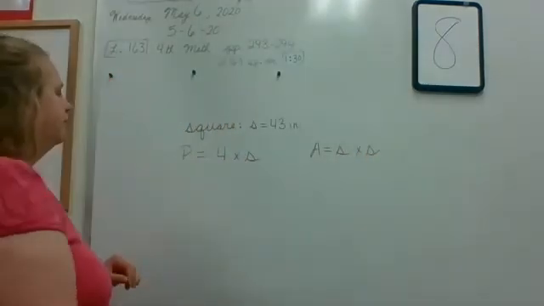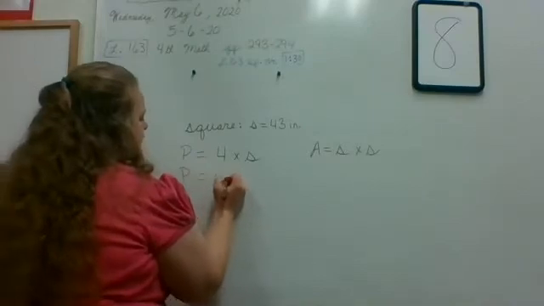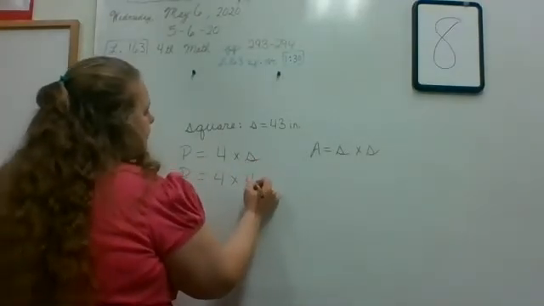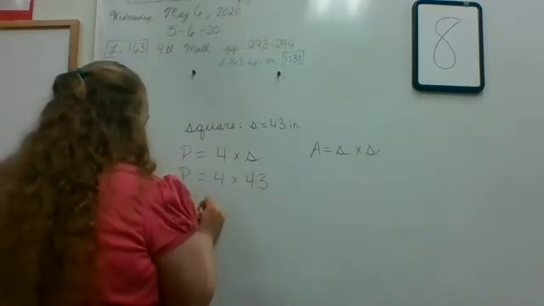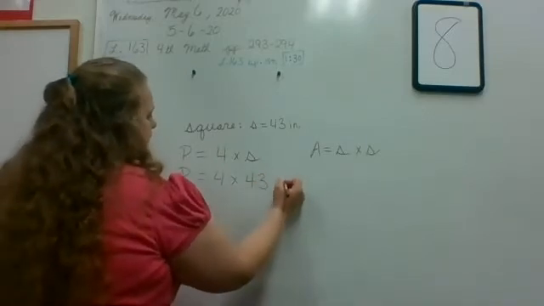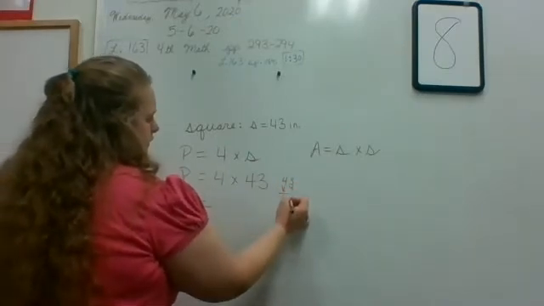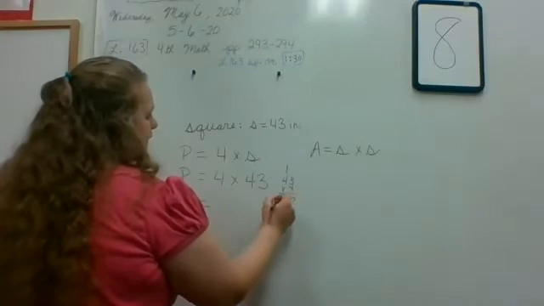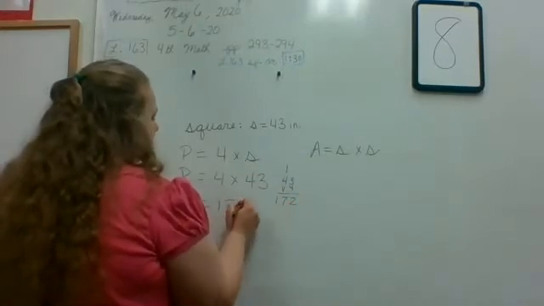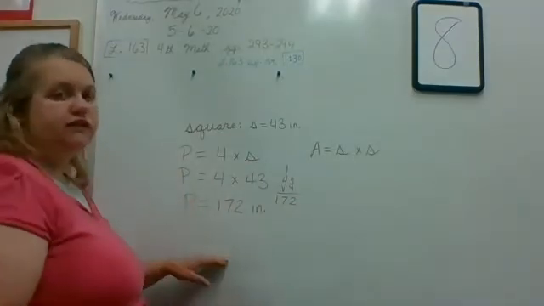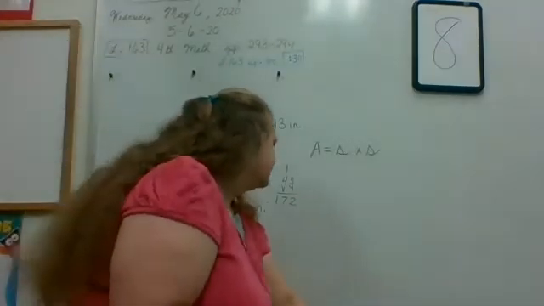Okay, very good. P equals 4 times, what is the side up there? 43 inches, okay? So 43 times 4: 12, carry the 1, 17, 172 inches. Okay, perimeter of this square is 172 inches, all right?